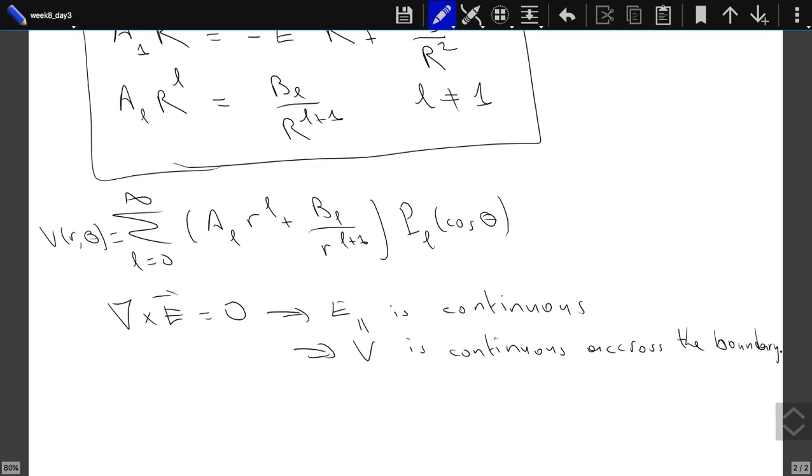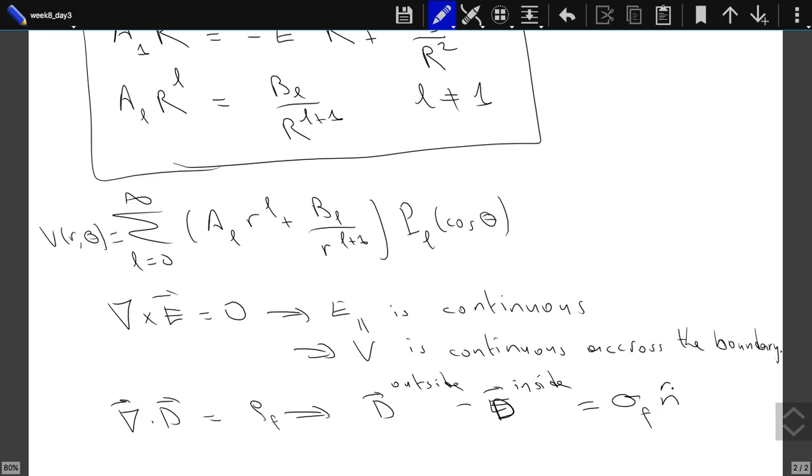Then there is the other equation. Divergence of D, in general, it's rho bound, rho free, sorry. It's equal to rho free. And this equation basically tells me that the outside minus the inside is equal to the free charges on the boundary multiplied by the normal direction.